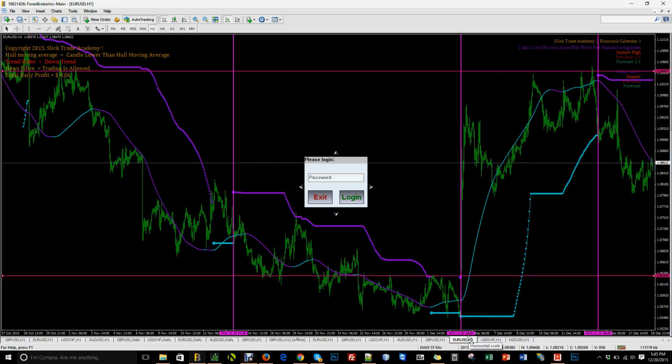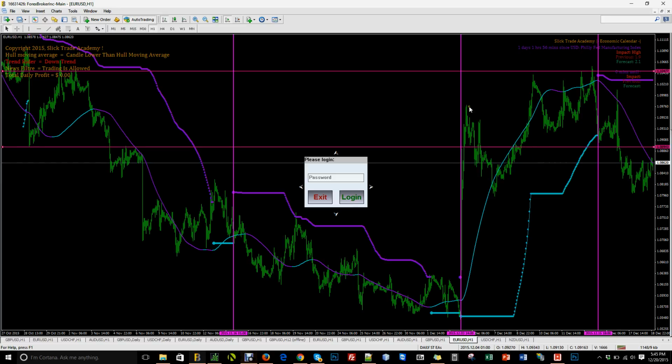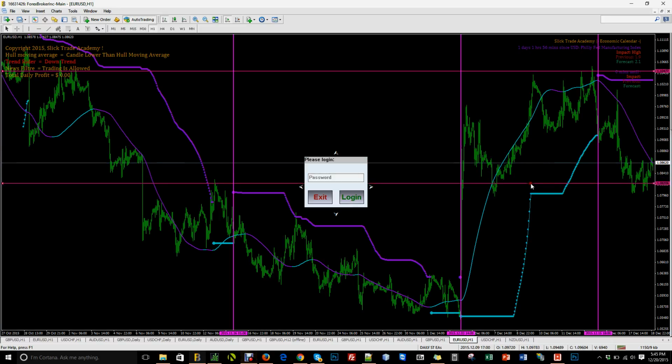Now, as you can see, this buy signal was issued on December 3rd, okay? If you would have waited for this retracement down, instead of entering here and then having the trade go against you for a while and possibly even turn around completely, look at how much more you would have gained if you would have entered there.